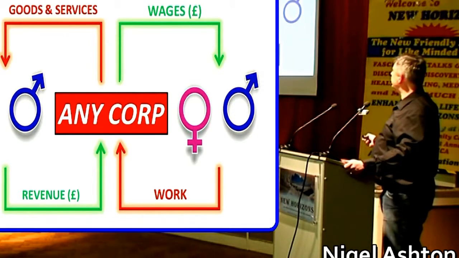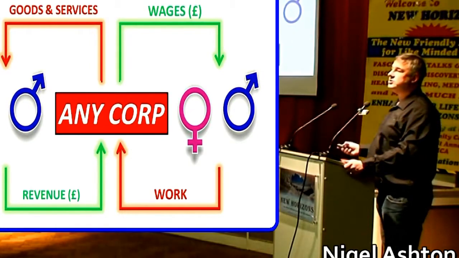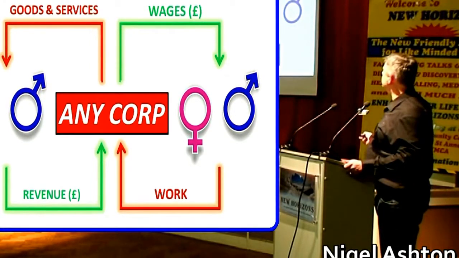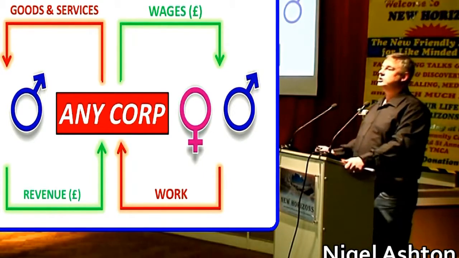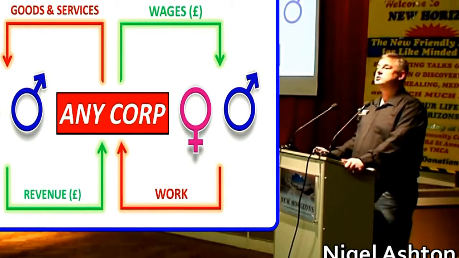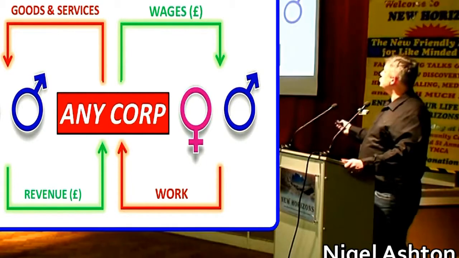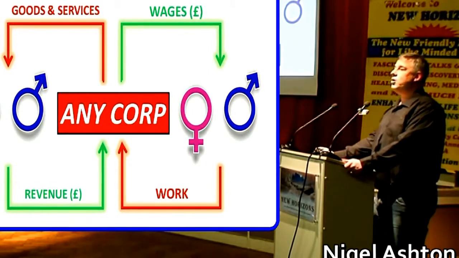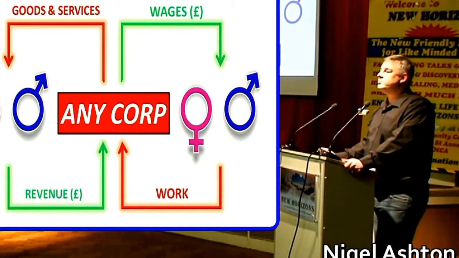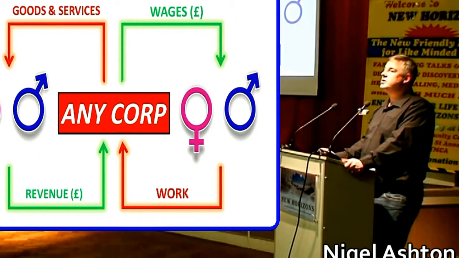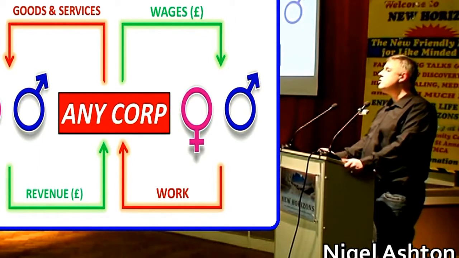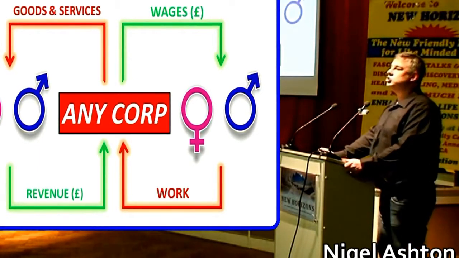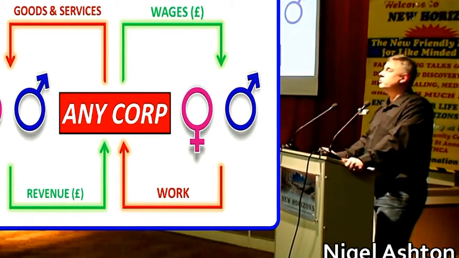Now, if we look at the other side of it, if we look at the work and the goods and services cycle, what we've got here is workers actually put in a hell of a lot more effort than goes into just producing goods and services. If you think about all the goodwill, all the overtime, the unpaid overtime, you think about all the running around that they do for these corporations, we bend over backwards to do a good job and to be seen to do a good job within these corporations.